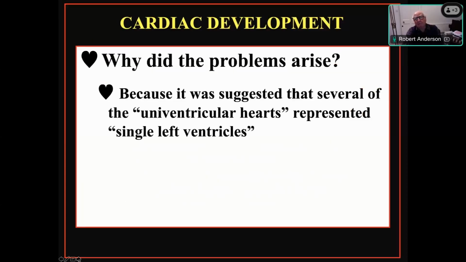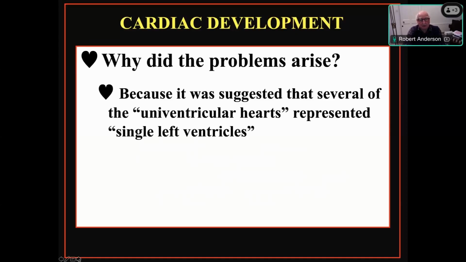But why did we have problems in the first place? It was because at the time I started in my own career, it was suggested that the majority of those univentricular hearts were in fact single left ventricles. And there are still some who would suggest to you that the classical form of the functionally univentricular heart with double inlet left ventricle is indeed a single left ventricle.